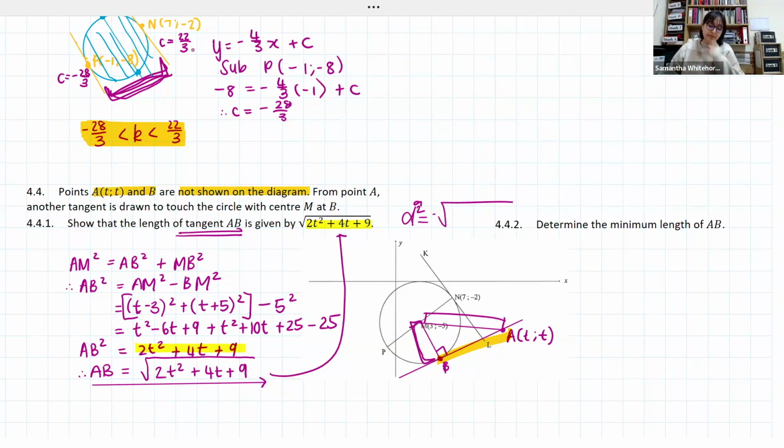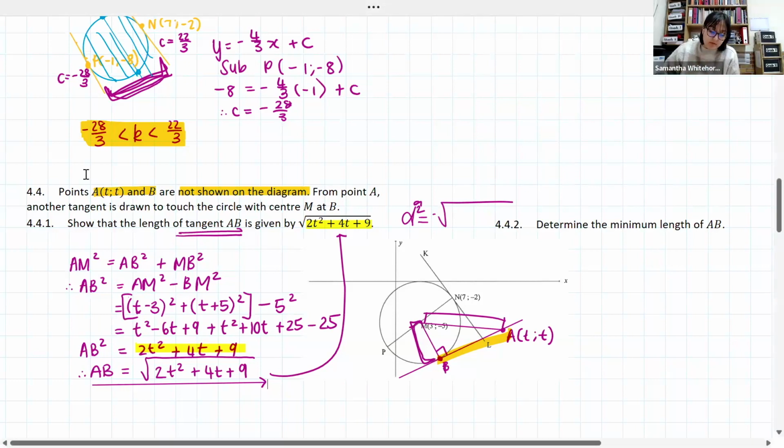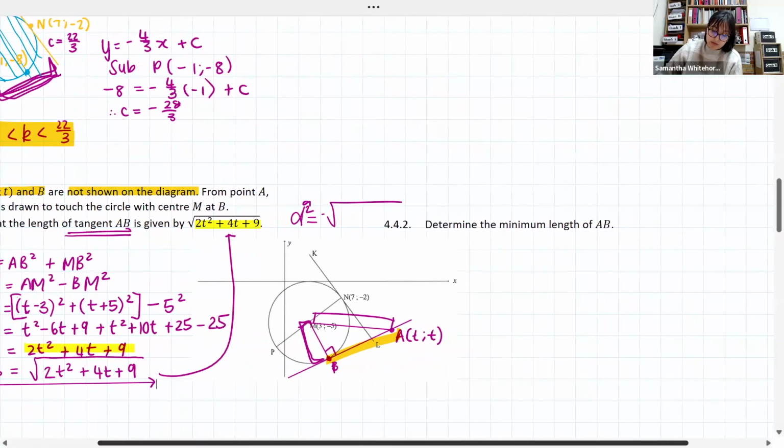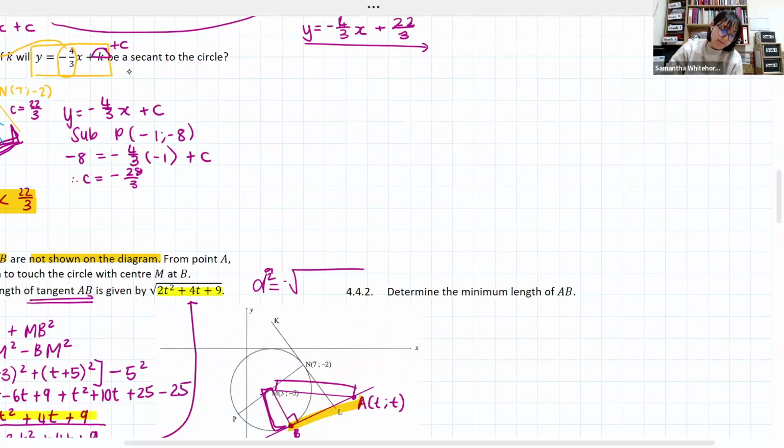All right, so we've shown that the length of AB is that beautiful thing. And then we have got 4.2.2, which says determine the minimum length of AB. Now, this takes us back to our quadratic equation knowledge. So remember, anytime we have a minimum or a maximum, and I'm just going to take a little tangent here when we are talking about quadratics.